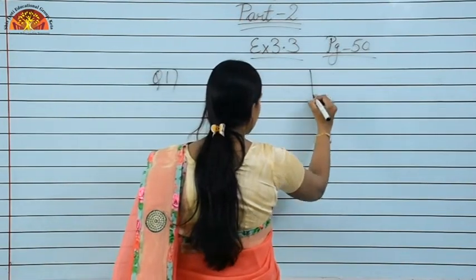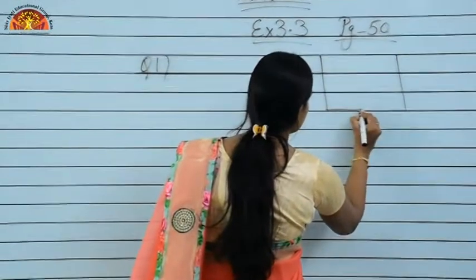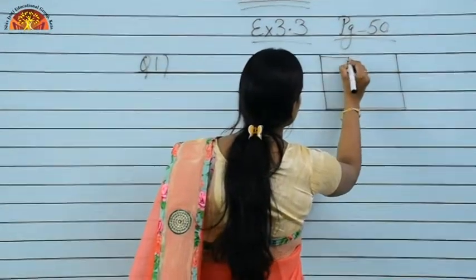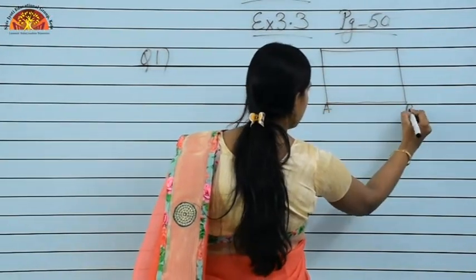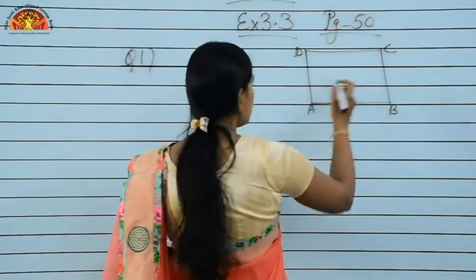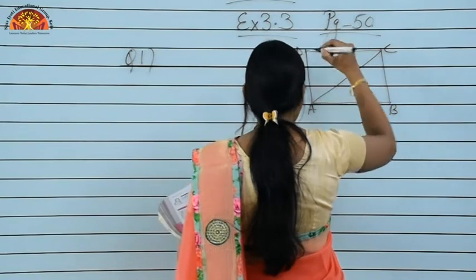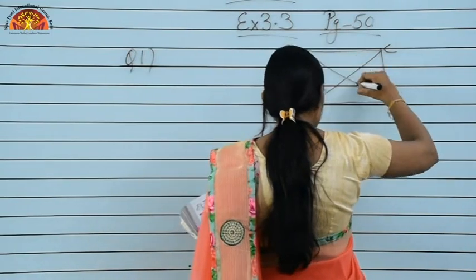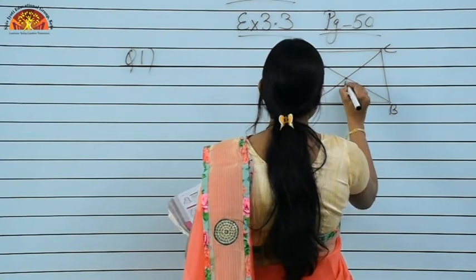This is the parallelogram ABCD. It's A, B, C and D. There are two diagonals joining the opposite points, and this is the point of intersection of both the diagonals.